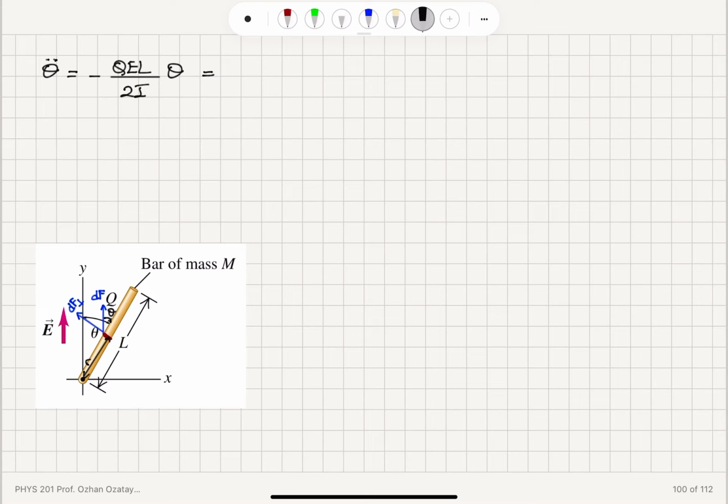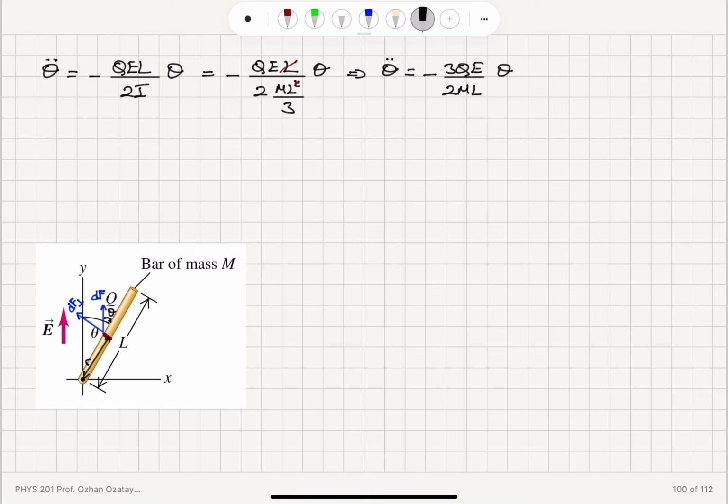This gives me minus QEL over 2 times ml squared over 3. That's the moment of inertia for oscillations around the end point. One of the L's disappears, and the 3 goes upstairs, so theta double dot is equal to minus 3QE over 2ml theta.